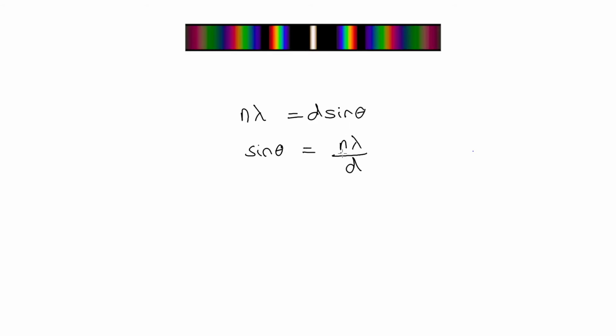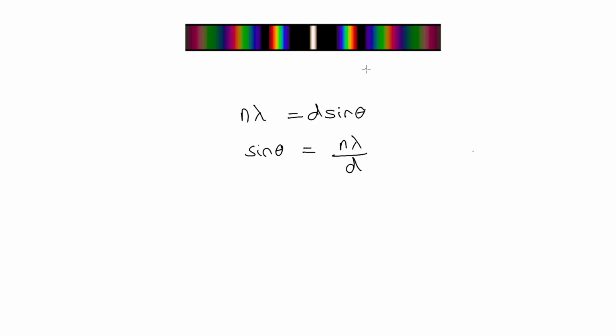If we look at, let's say, the first order spectrum, red light with its longer wavelength is going to have a larger value of sine theta, and therefore a larger value for theta. In other words, light is going to have to be diffracted through a larger angle to produce a first order spectrum for red light with its greater wavelength than it will be for blue light with a smaller wavelength.